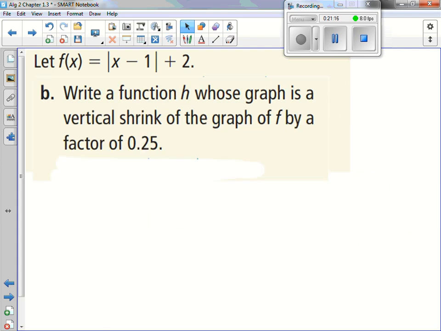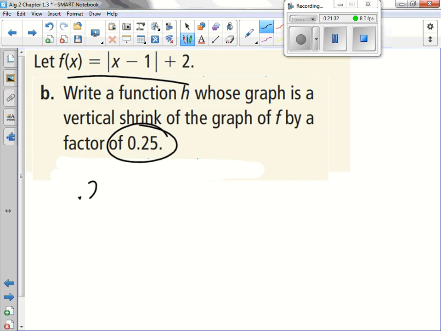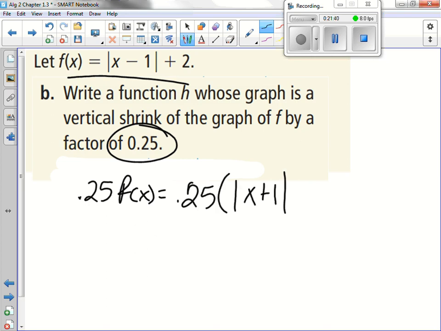So last one here, vertical shrink. Just like with a vertical stretch, we're going to multiply the entire function by 0.25. So we're going to have 0.25 times f of x. Our f of x is the absolute value of x plus 1 plus 2. So we're going to multiply both of these by 0.25. We won't multiply what's inside the absolute value by 0.25.